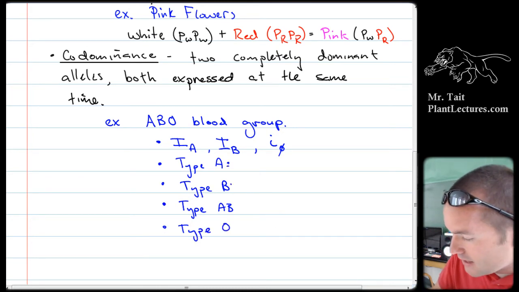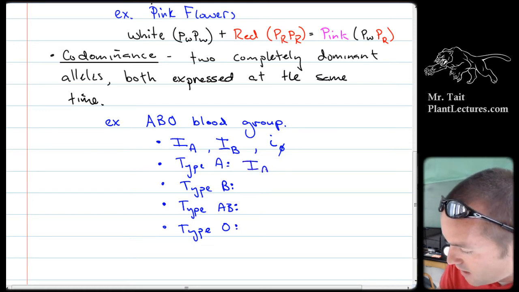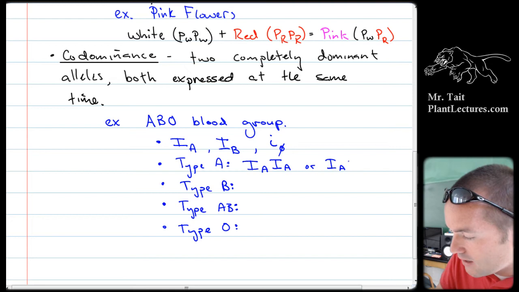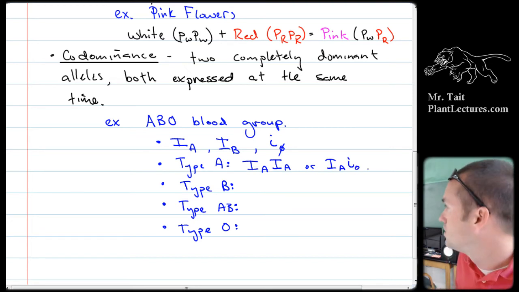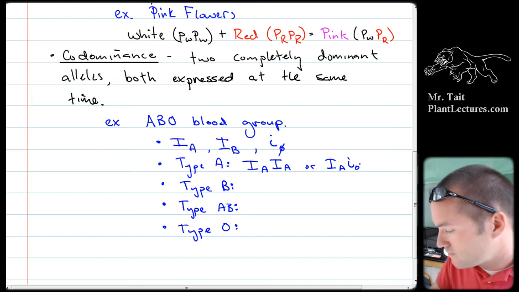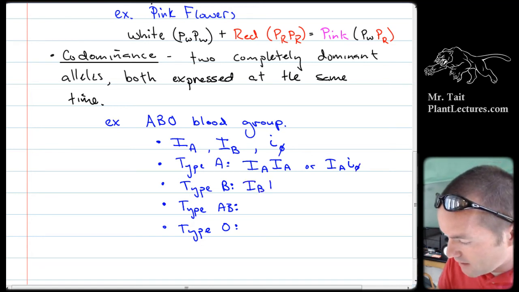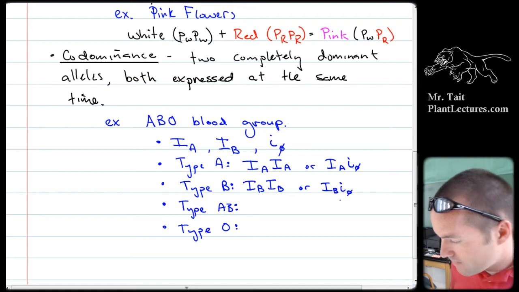Okay? And those types come to us from the fact that, to get type A, you could be IA, or you could be IA, little i. Same with B: IB, or IB little i.